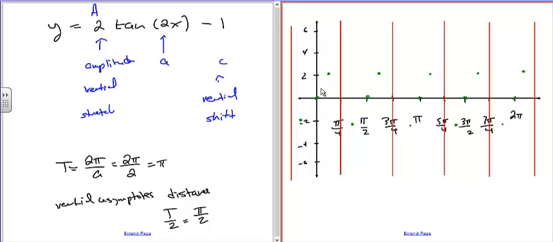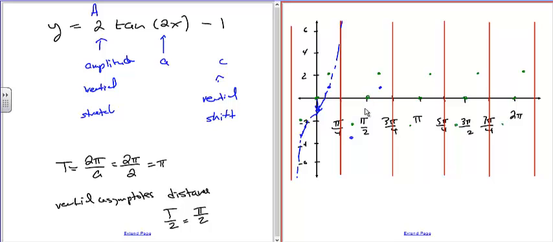Now what I'm going to do is shift it vertically -1 unit. So this will go down to there, this one goes to there, and this one goes to there. If I draw a curve through these points, I'll get something like that. I could just copy this blue point, just moving everything down 1 unit again.